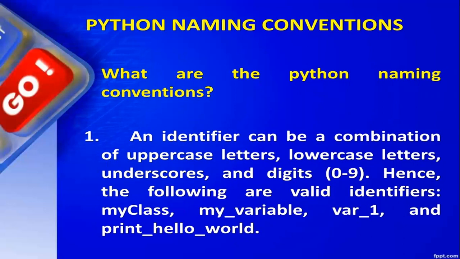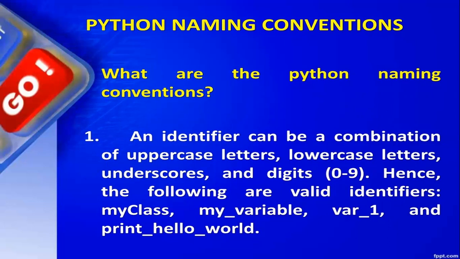Look, no special symbols are there. Hence, all these that are written on the screen right now are valid identifiers. Another question that will come your way, I will throw up probably in this section or the next one, is differentiating between valid and invalid identifiers.